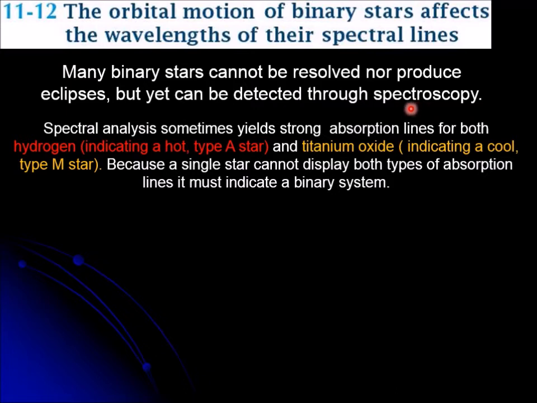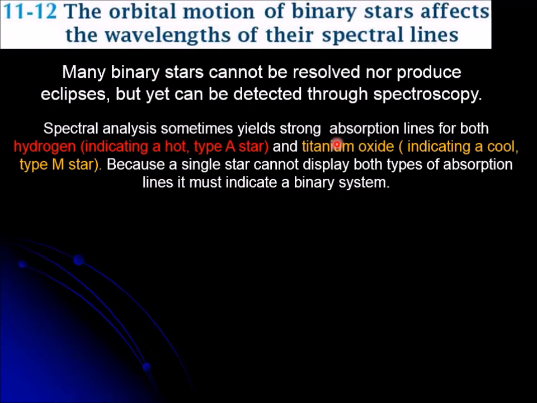Now, if by looking at one of those stars we find both titanium oxide and hydrogen, we see that these do not correspond to one another, because hydrogen is observed whenever we have a very hot, type A star, whereas titanium oxide cannot survive under those high temperatures.